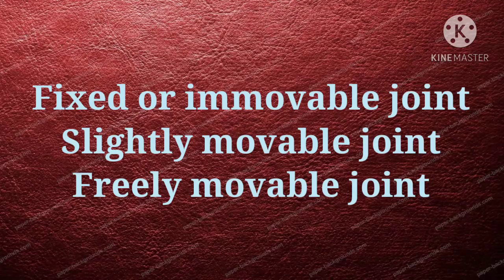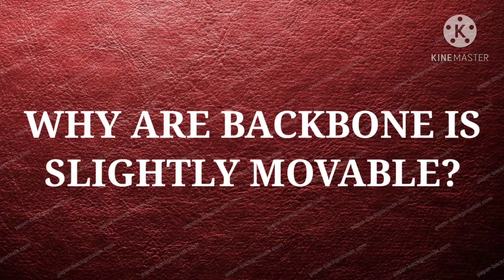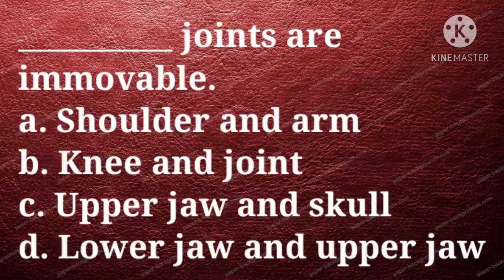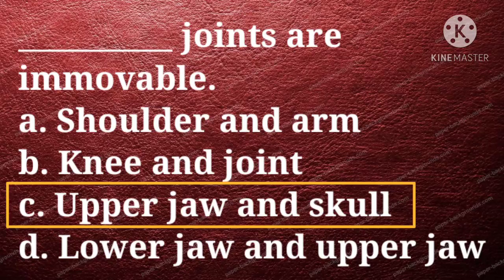Under this, 6 subheadings are there. You have a very short answer: why is our backbone slightly movable? In the backbone, vertebrae are joined by gliding joints which allow the body to be bent back, front or sidewards. Fixed joints are immovable in our face, upper jaw and skull, right? So this is the choose for you.